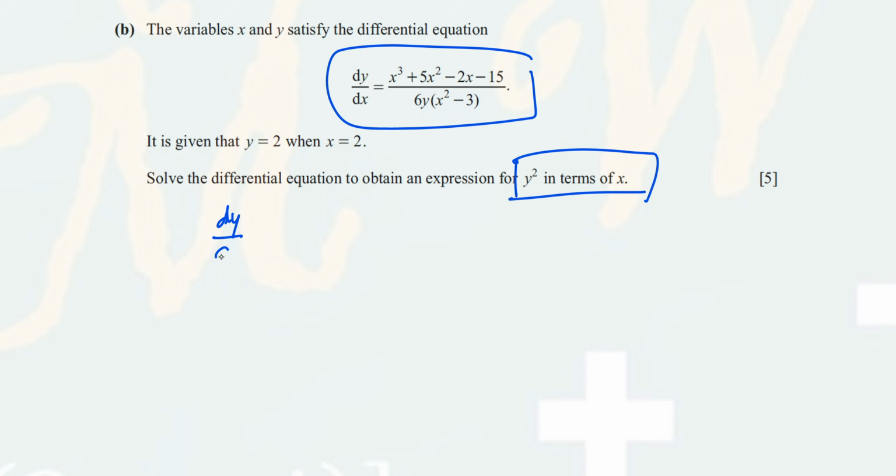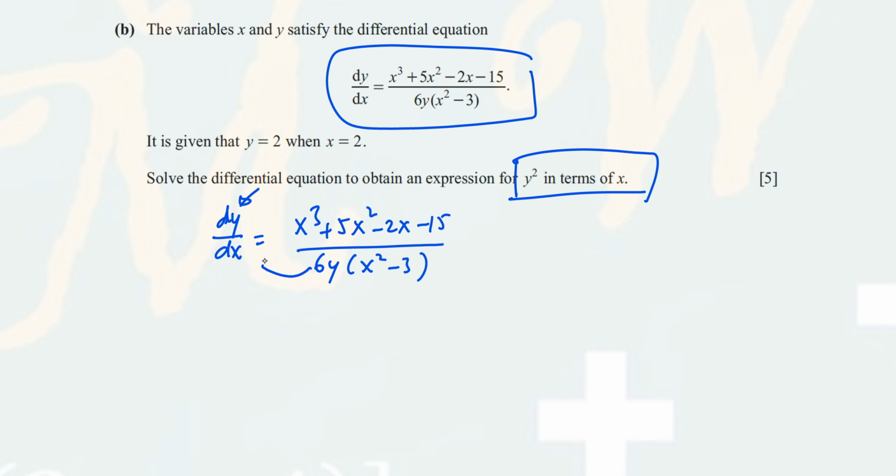So dy over dx equals x cubed plus 5x squared minus 2x minus 15 over 6y brackets x squared minus 3. Okay, so now when we split the variables, it means that your y should be on the left side because your dy dx is the numerator.